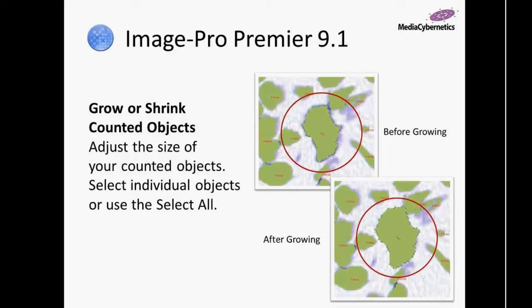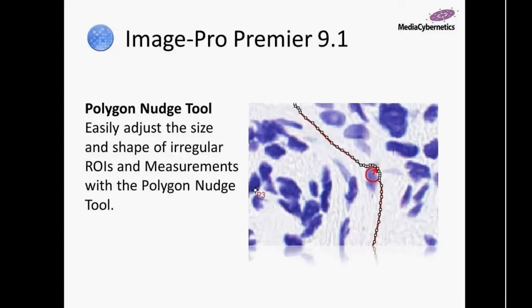Again, we'll report out that data for the segmented area of that particular object. So we can, again, grow or shrink counted objects based upon the needs of the experiment. We've also added a Polygon Nudge tool. Again, when you're doing these, you can now go in and manually adjust the outlines of the objects if you need to make a few manual adjustments.